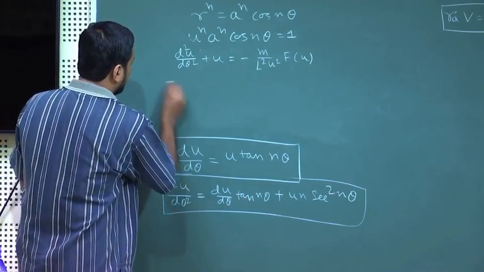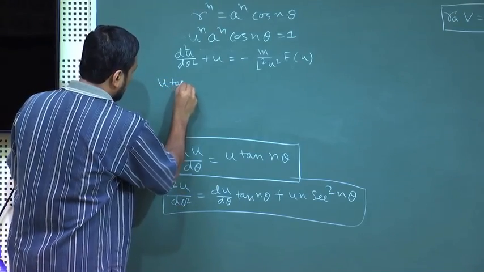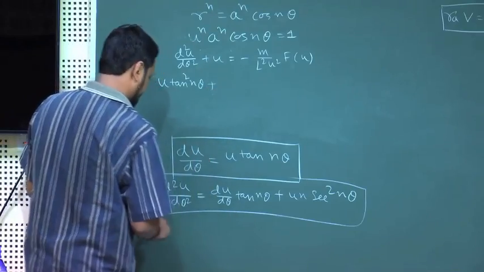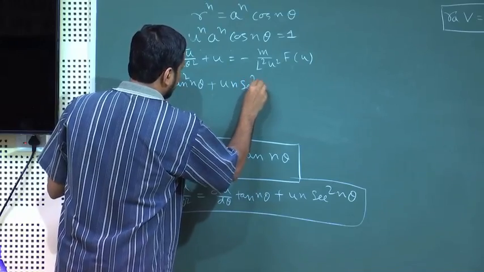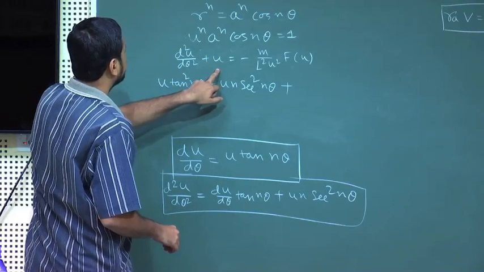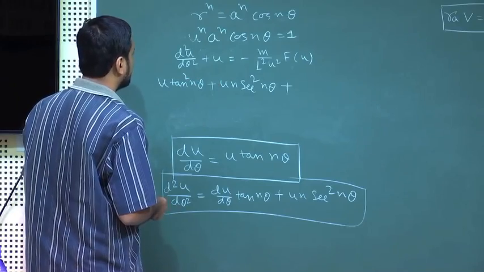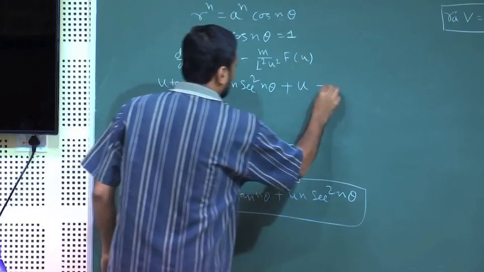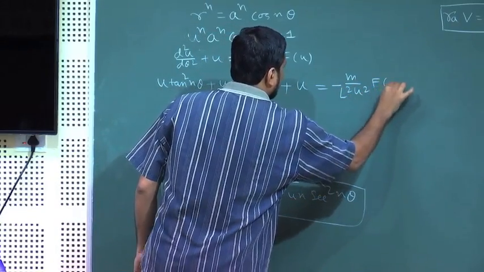So, the left hand side of this equation is u tan square n theta plus u n sec square n theta plus u. So, we have to substitute u here, and just keep it like this, minus m by L square u square f of u.